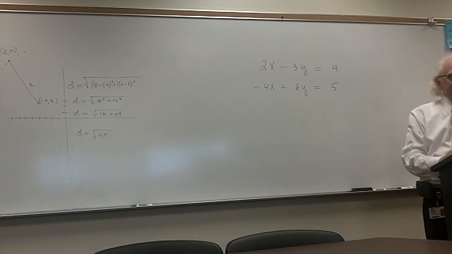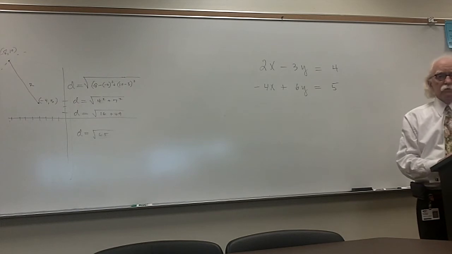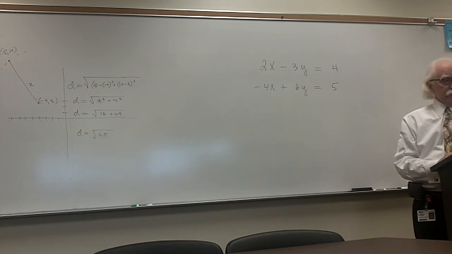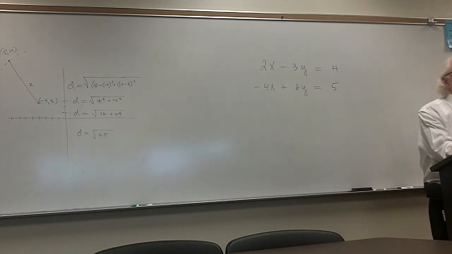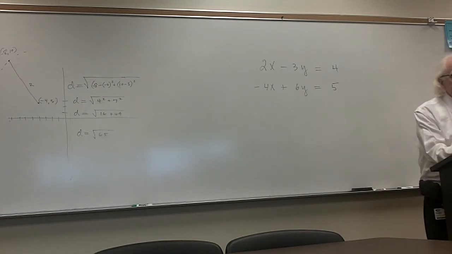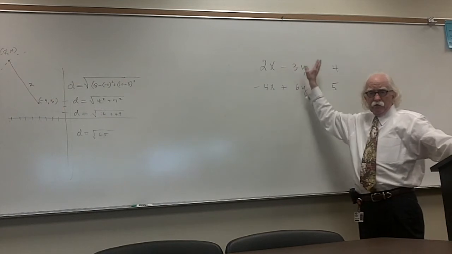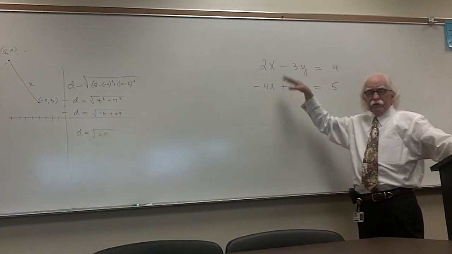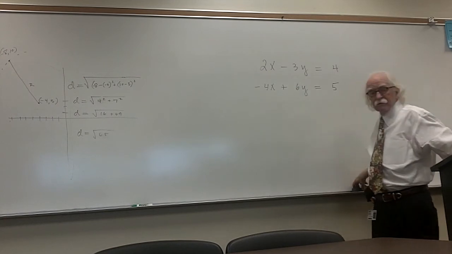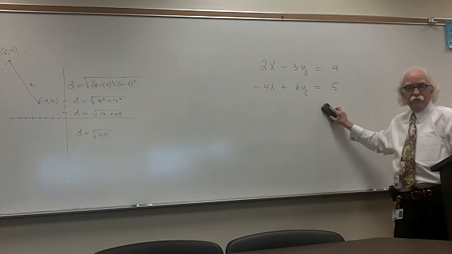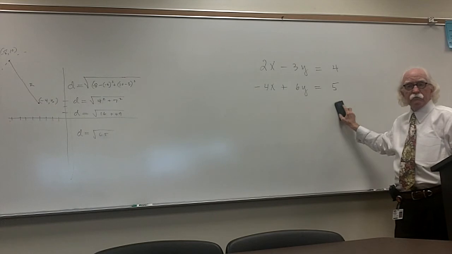Well, they don't have an answer because there's no common solution. No real solution. Because they don't cross each other. If you get a number, you don't care about the number, whatever it is. I don't care what number it is. It just tells me that there is a solution if you get a number.